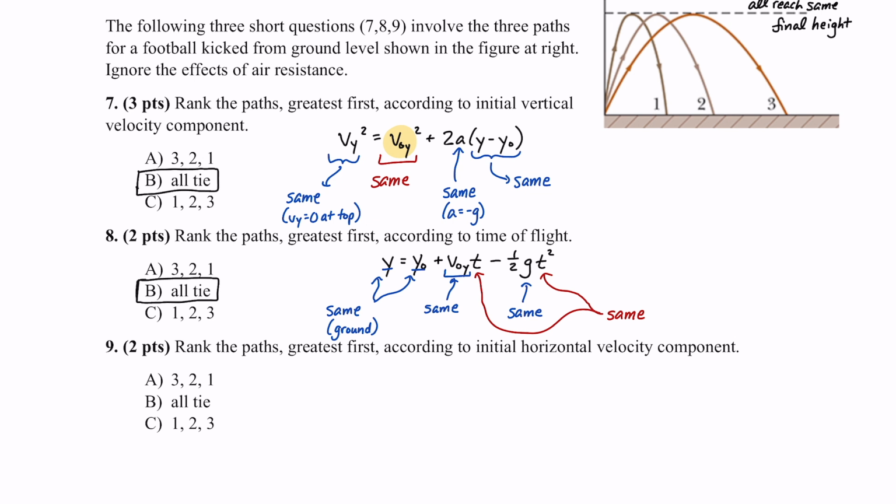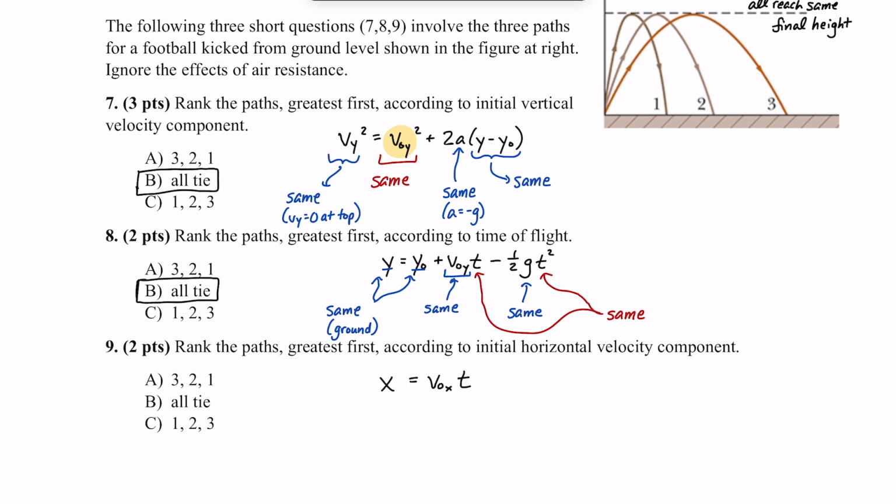The last conceptual question asks us to consider motion in the horizontal direction. For projectile motion in the horizontal direction, the distance traveled is equal to the initial x velocity multiplied by time, and that's it because gravity only acts in the vertical direction.